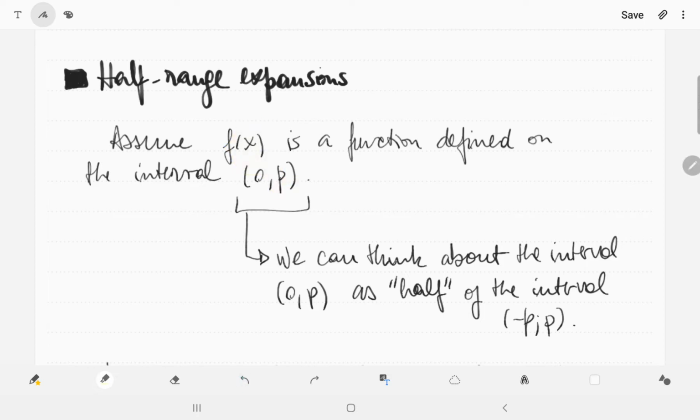And if I want to get an odd function, the only thing I have to do is, I have this function defined in (0, p), I will extend this function in an odd way in the interval (-p, 0).